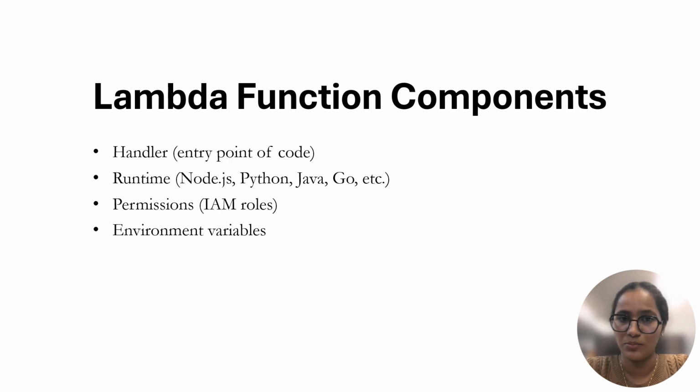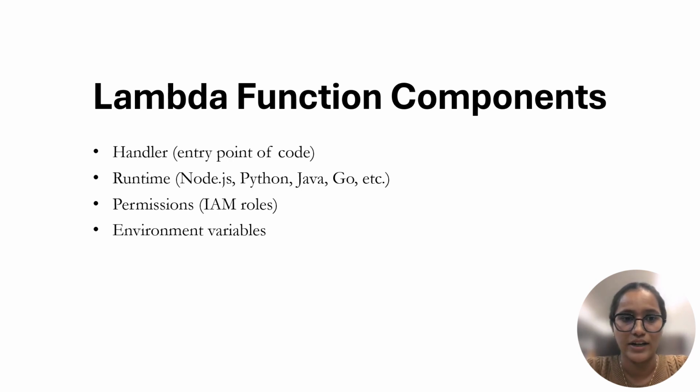Lambda function components. Every Lambda function has four main parts. First is the handler, the entry point of your function code. Second comes the runtime, the programming language environment like Node.js, Python, or Java.